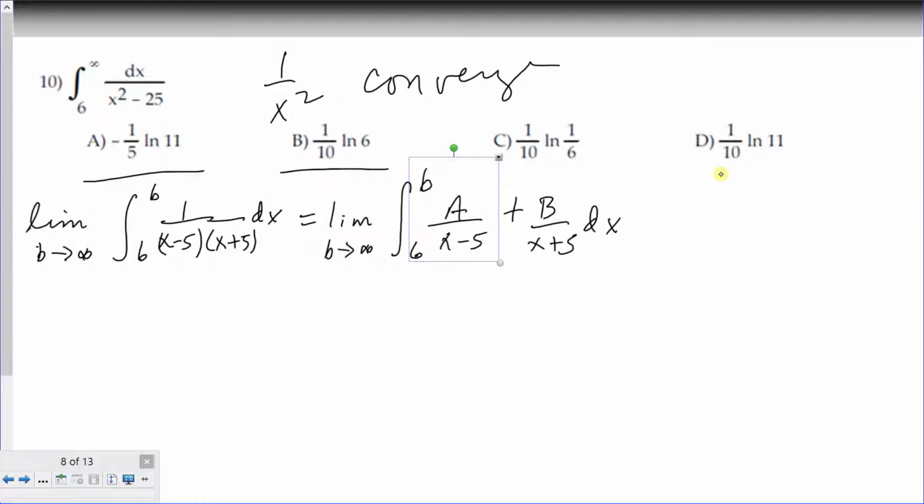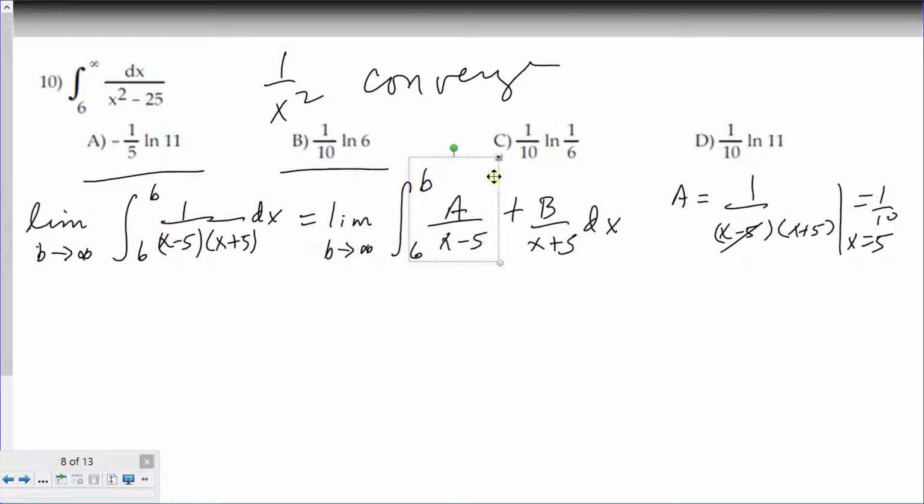And you can quickly see that A is equal to 1 over x minus 5, crossing out the x minus 5 and evaluating at x equal 5, and that is equal to 1/10.